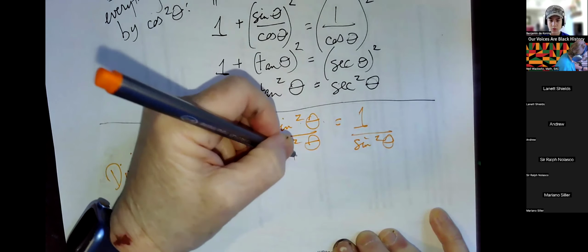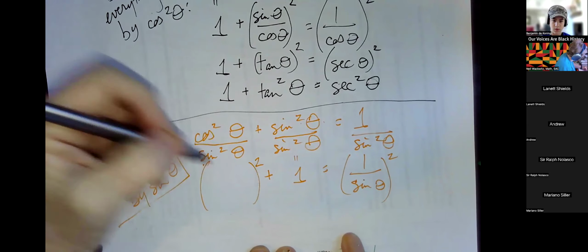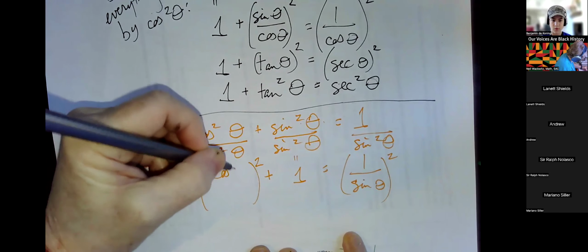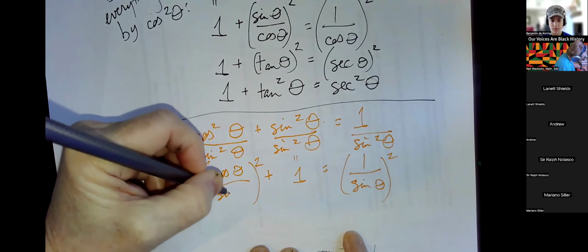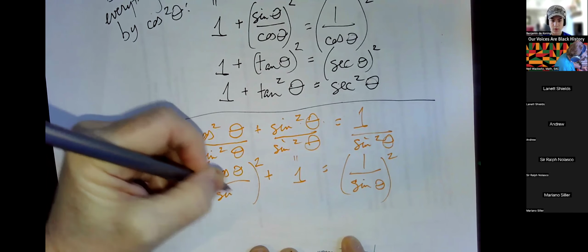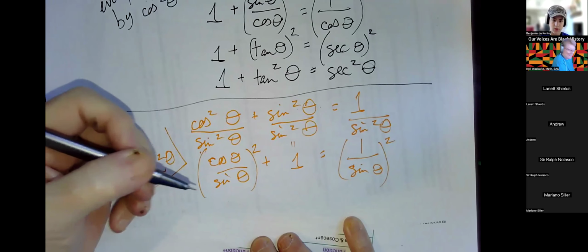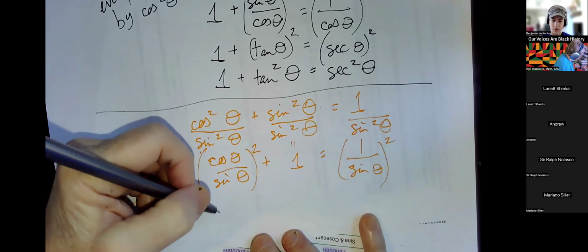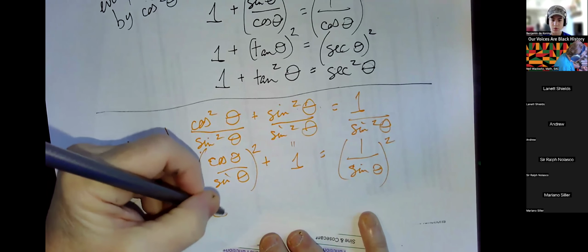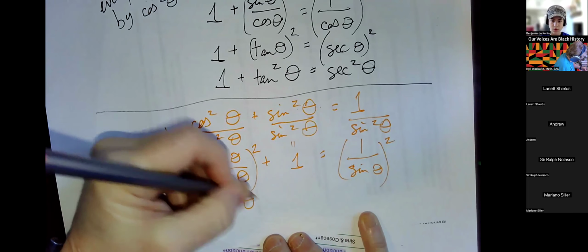And how can I rewrite cosine squared theta over sine squared theta? That'd be cosine theta over sine theta, and then that squared. Beautiful. Cosine theta over sine theta is cotangent, so that'd be cotangent squared theta.